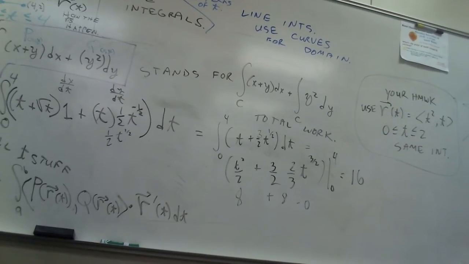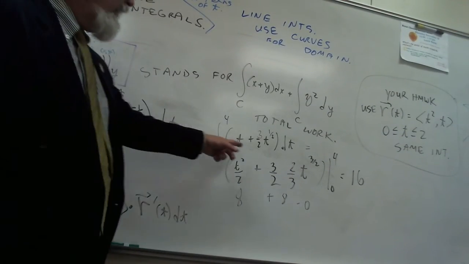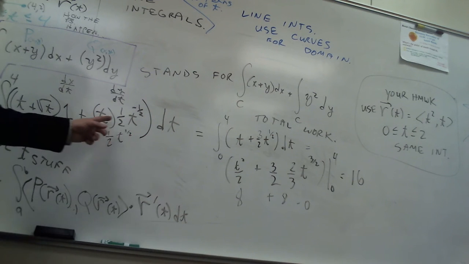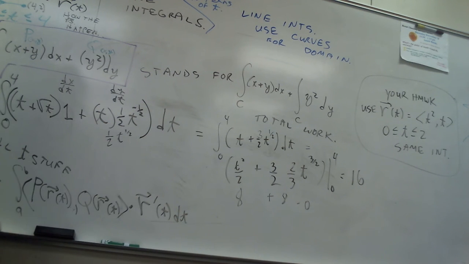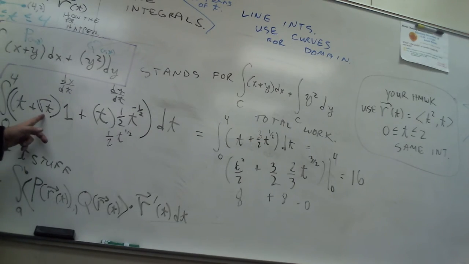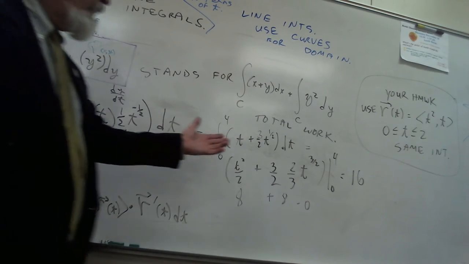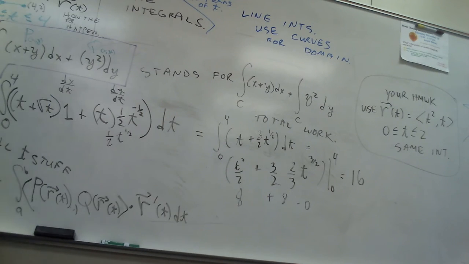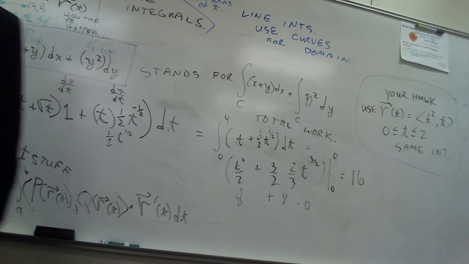That's a Calc 1 integral. That's not so bad. So I have t times t to the negative 1/2, t to the 1/2, and that's added to another t to the 1/2. So I have 3/2 t to the 1/2. And we do it term by term and evaluate. That's a line integral.